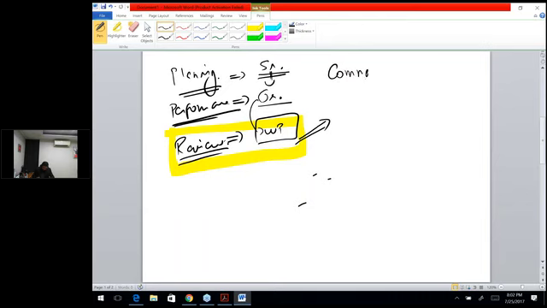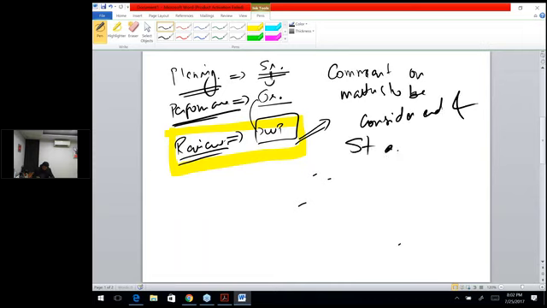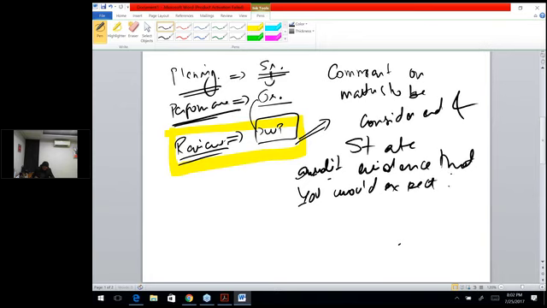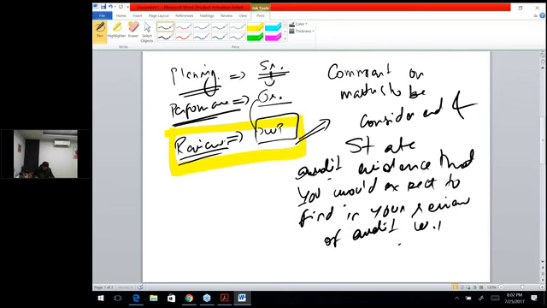Comment on matters to be considered and state audit evidence that you would expect to find in your review of audit working papers.